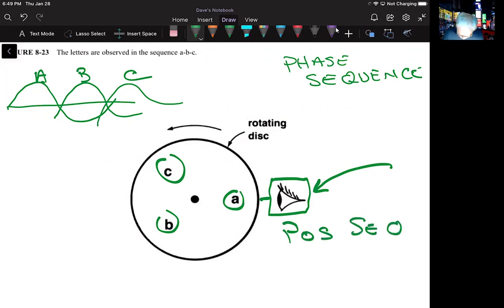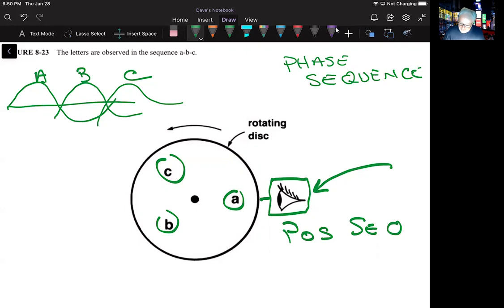We'll call that a positive sequence. It could be described as ABC, BCA, or CAB, right? Any of those would describe the same thing. If the same disk turns clockwise, we would call the sequence differently, right?